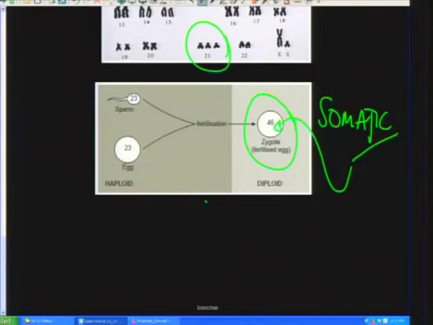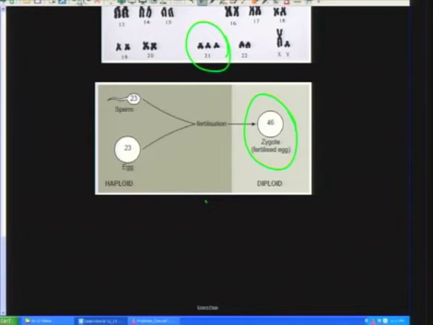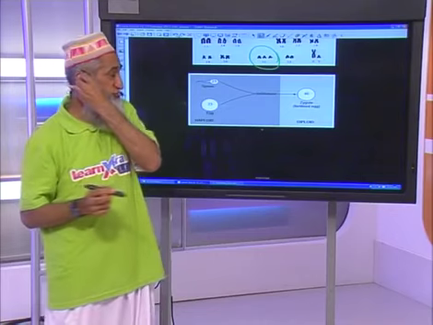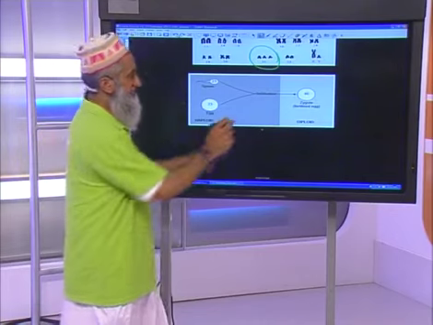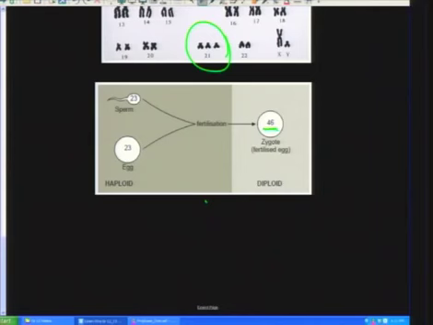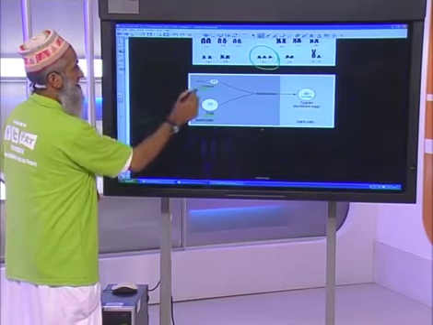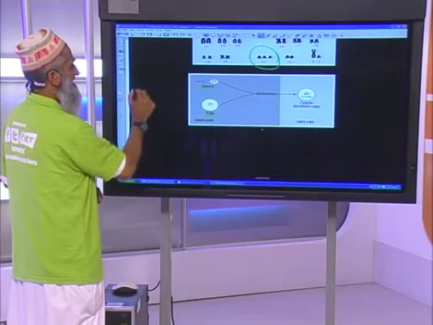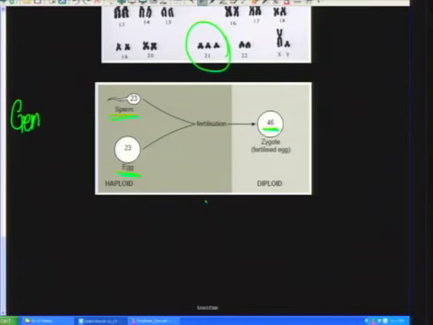Now I would rather take that out there because you're going to get confused with somatic and zygote. So let's just leave that zygote there with 46. This is the fusion of the sperm and the egg. Where did the sperm and the egg come from? They came from germinal epithelial cells, which are 2N or diploid.